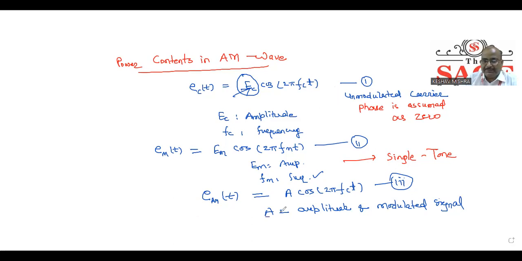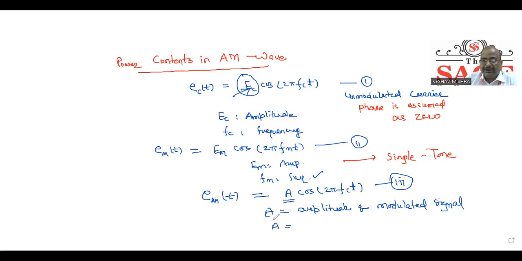So what we have done is modify only Ec, that is the amplitude of the carrier signal, and the resultant amplitude is A. This A represents the amplitude of the modulated signal.